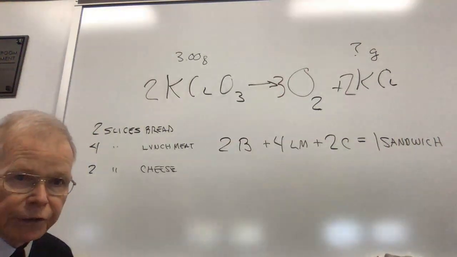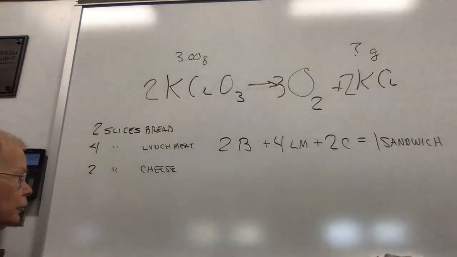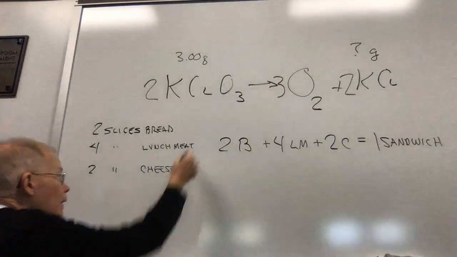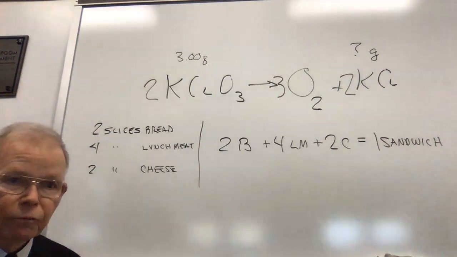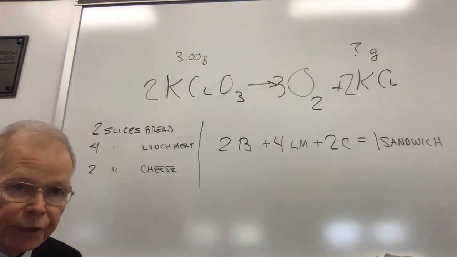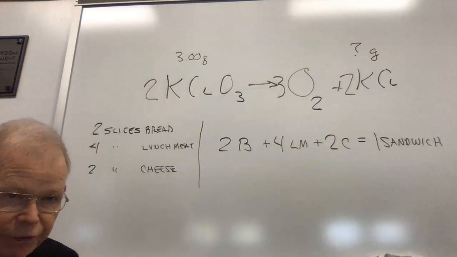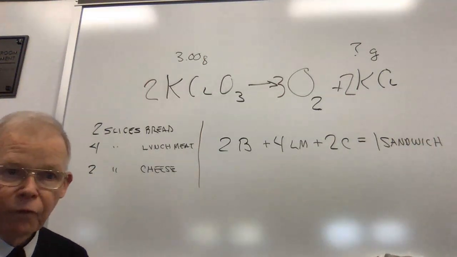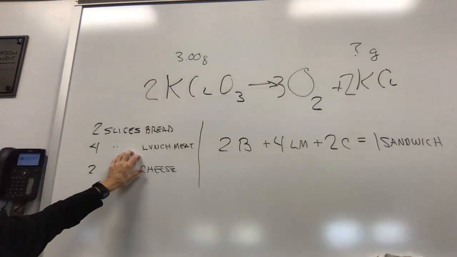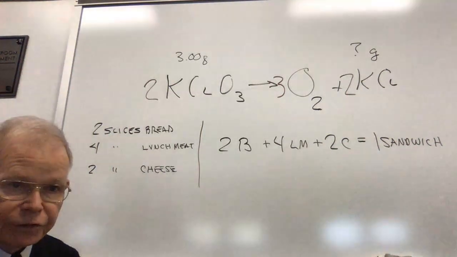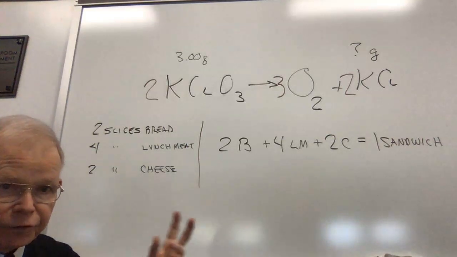The next portion I'd like you to put into your notes is this little section right here. Let's imagine we're trying to make some lunch and we're going to make a sandwich. To make my sandwich, I'm going to want 2 slices of bread. I'm going to put 4 slices of lunch meat in the sandwich, and then 2 slices of cheese.